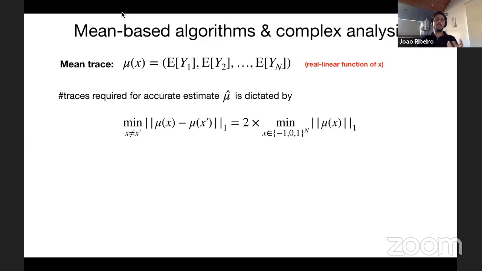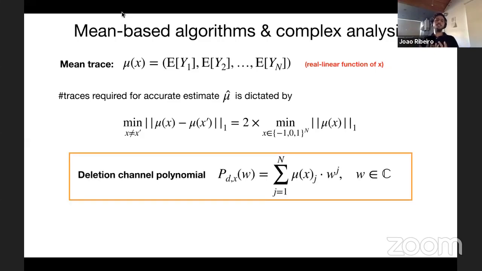O'Donnell and Servedio, also Nazarov and Peres, look at what's called the deletion channel polynomial. They take the mean trace and put it as the coefficient of a polynomial over complex numbers.